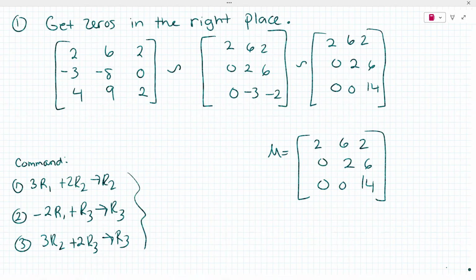Now what we're going to do is find L. We have 3 commands, right?